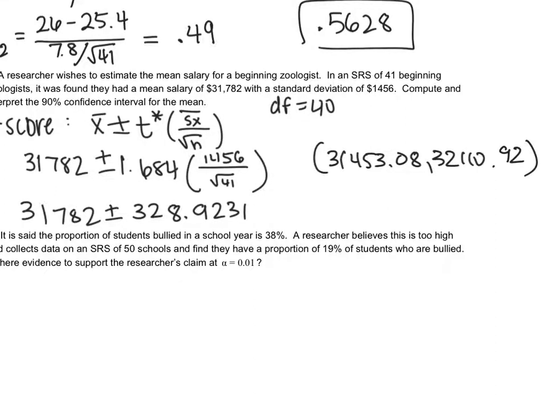So remember, when you're interpreting confidence interval, we're talking about the mean salaries. We can be 90% confident that the mean salary of a beginning zoologist is between these two values.